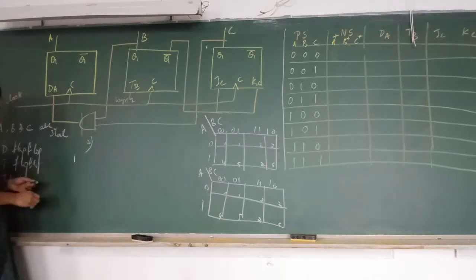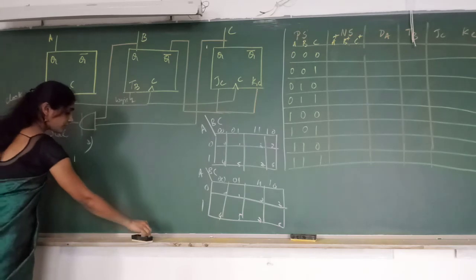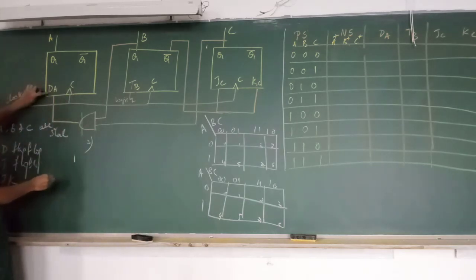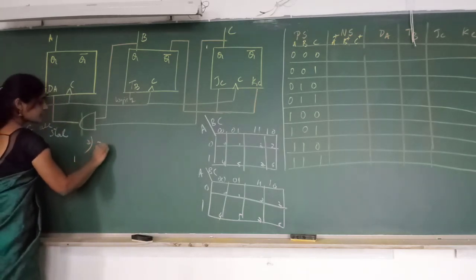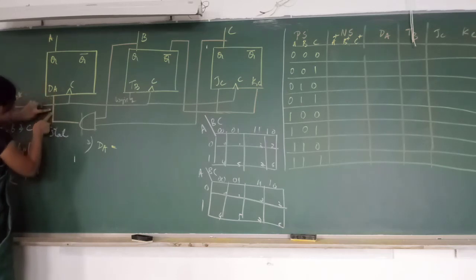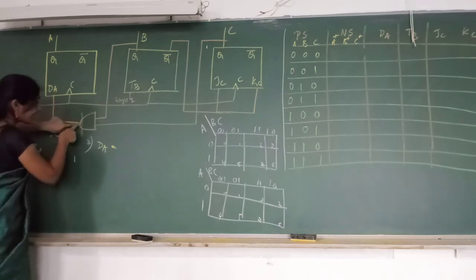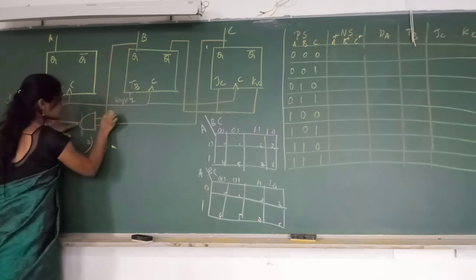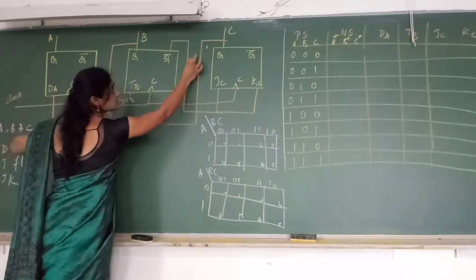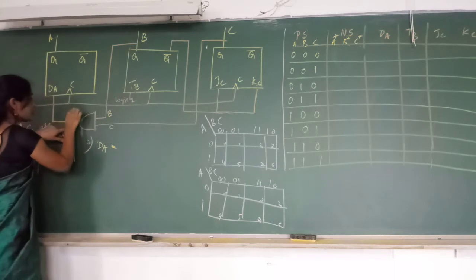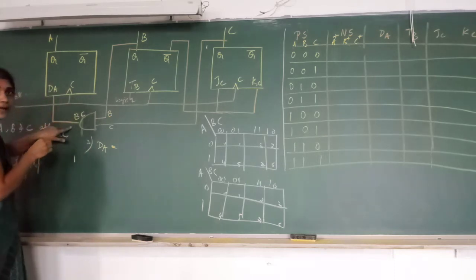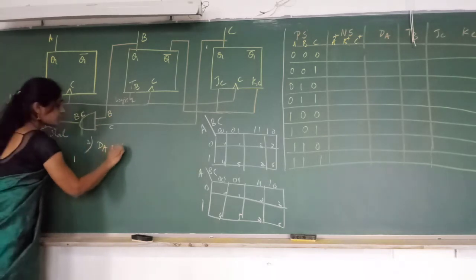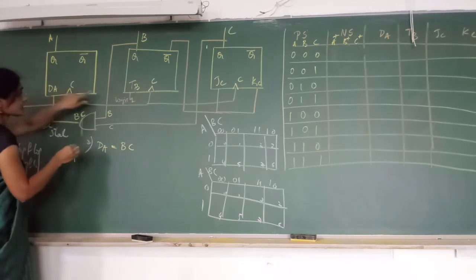Then what is the third step? Write the flip-flop equations. Start from the first, DA. DA is the output of an AND gate. One input is B and the other input is C. So it is BC, an AND gate. DA is equal to BC.